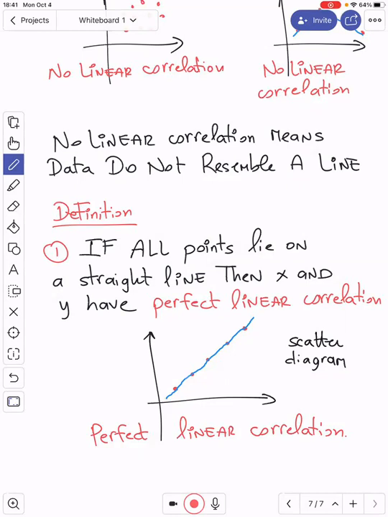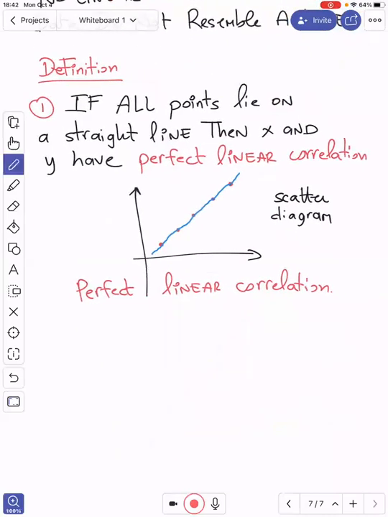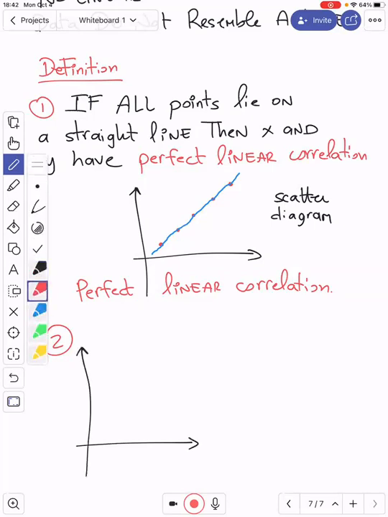All right. Now, of course, we can distinguish between two cases of linear correlation. If you have a line which goes down, for example, let's say this is your scatter diagram again, okay?